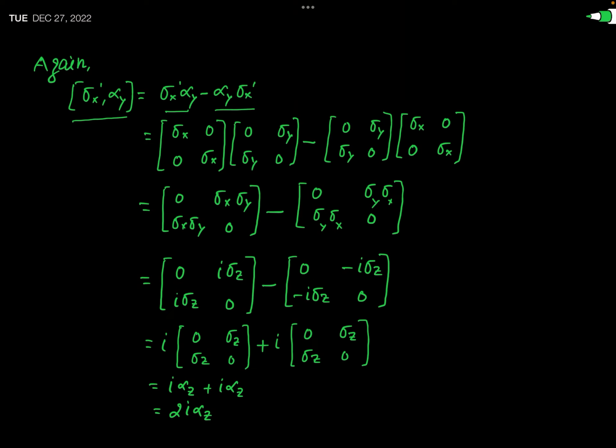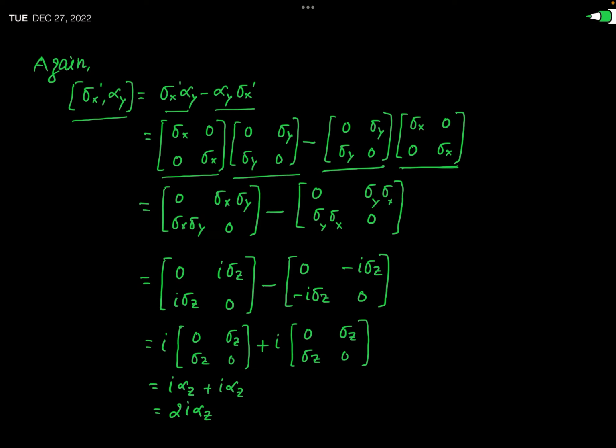You know sigma x dash is the matrix sigma x 0, 0 sigma x. Alpha y is a Dirac matrix, which you studied in the previous lecture, and it is defined by the matrix 0 sigma y, sigma y 0. This matrix, which I am underlining, is in place of sigma x dash.